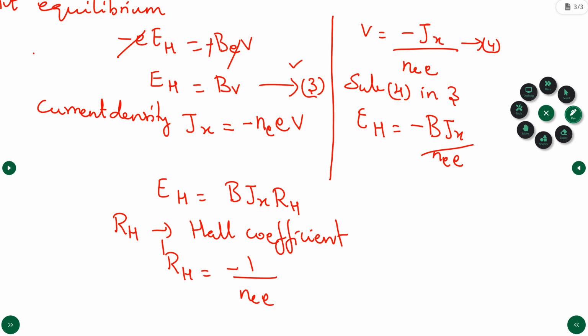If RH is negative, then you can come to the conclusion that it is an N-type semiconductor. Similar thing can be done for the P-type semiconductor also. Instead of Ne, you have to put Nh there. The other things are the same. There it is positive, so no need to put the negative sign there.